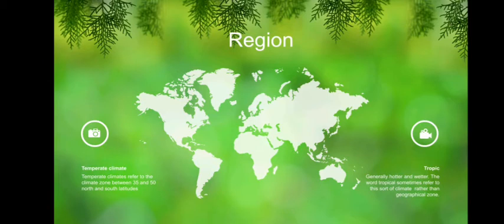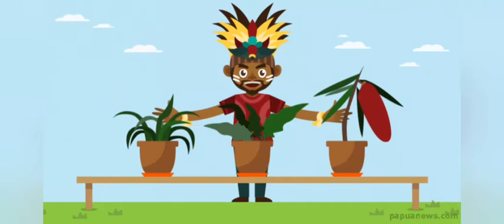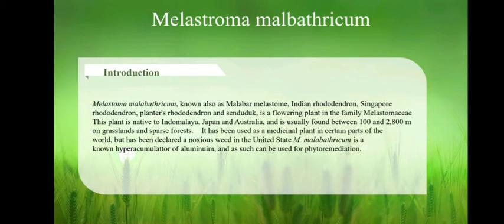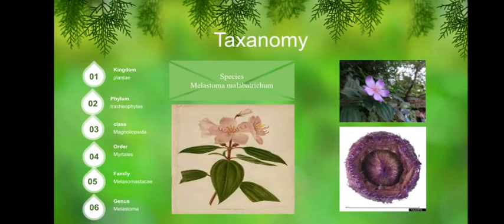It has been used as a medicinal plant in certain parts of the world, but has been declared a noxious weed in the United States. Melastoma malabathricum is a known hyperaccumulator of aluminium, and as such can be used for phytoremediation.